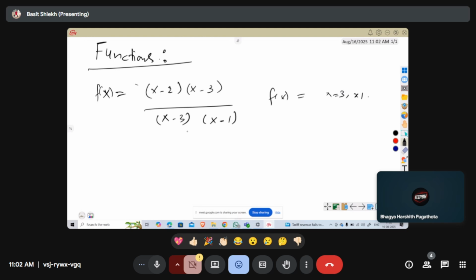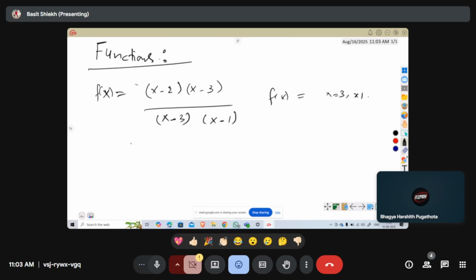If I give x equal to 3, this will become 0, and this will also become 0, which is 0 by 0, an indeterminate form, so we cannot say anything about this function at this point. And what about 1? Here it will become 0 and here it will become some number, so it will be 1 by 0, which is also not defined.